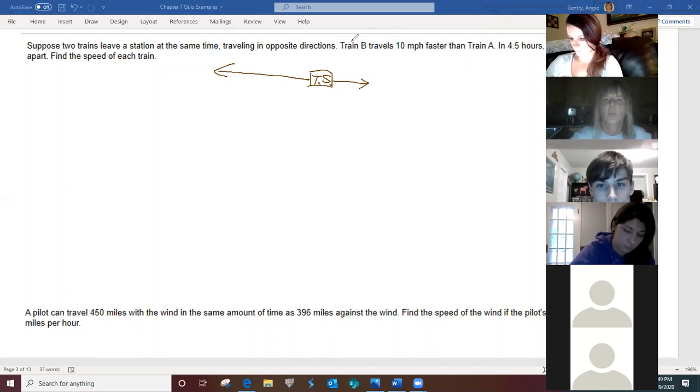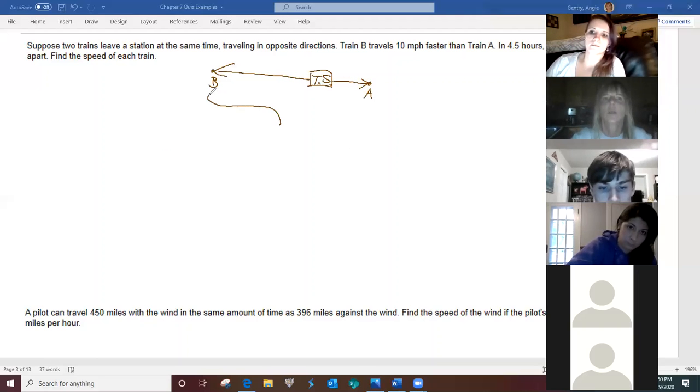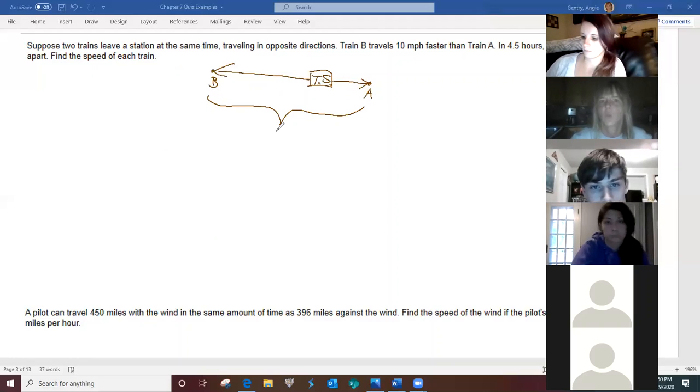Do you agree that train B travels further in the same amount of time? So this must be train B. In the classroom I'll draw a train, but we have limited time. Okay. And then do you see how, when it says the trains are 414 miles apart, the distance between them is 414?